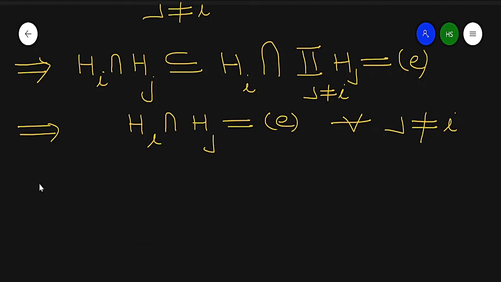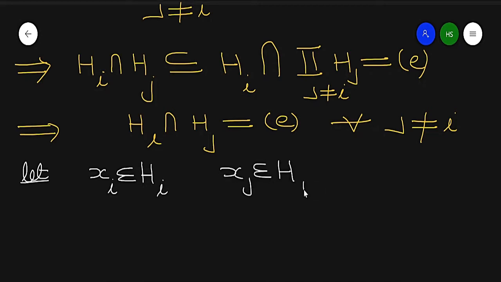Now I take one element Xi from Hi and Xj from Hj. Also remember that j is not equal to i.